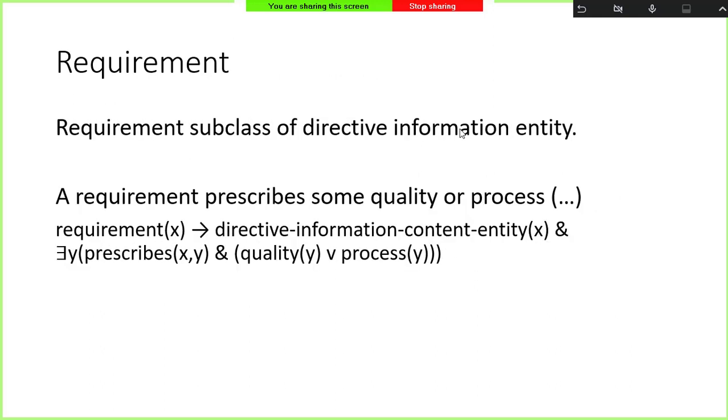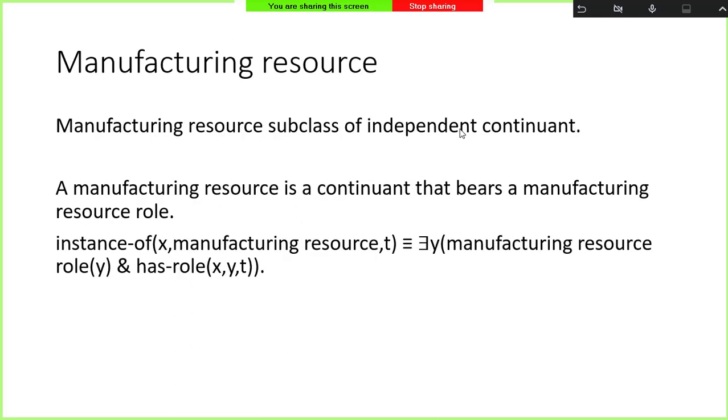Now, requirement is, hello, yes? Yes, but unfortunately, it's not here. It's in the document that you have. I selected those things which I thought I would need for the talk and put them in the slides. And clearly, I made a mistake here. I should have included manufacturing resource role.